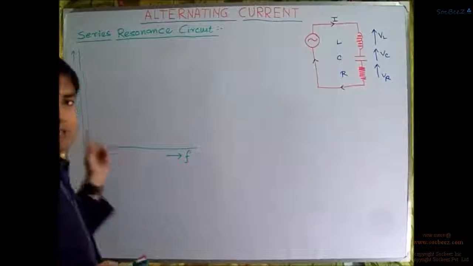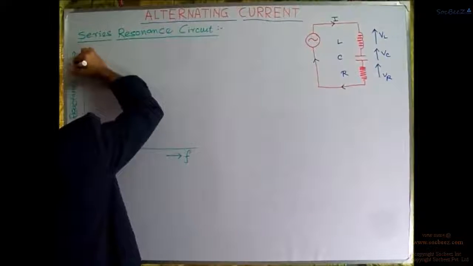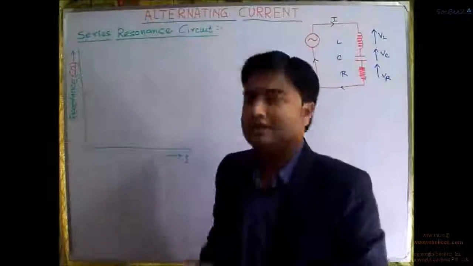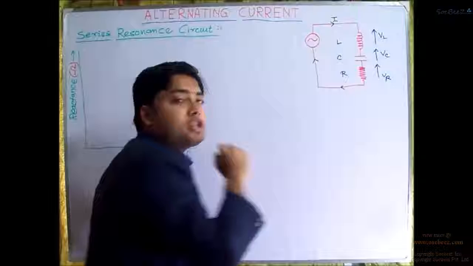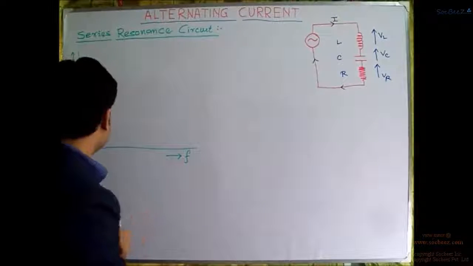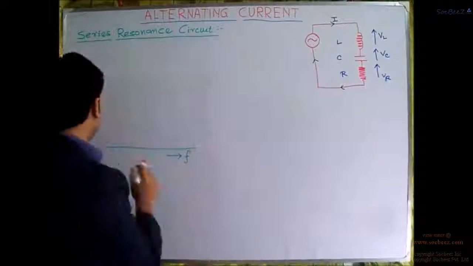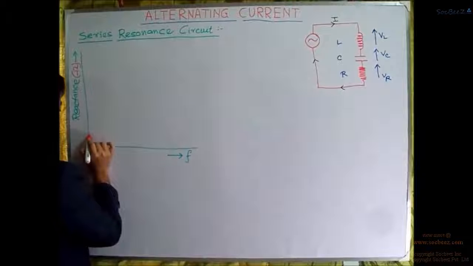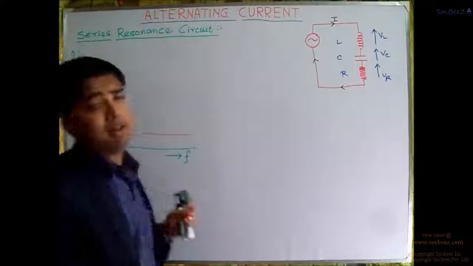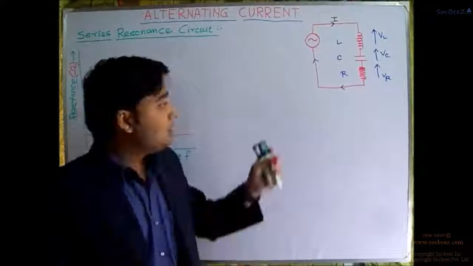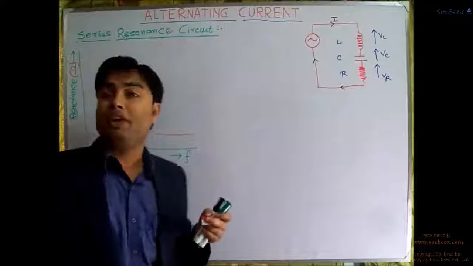If this reactance is measured in ohms, first of all there will be a resistance R. Say we denote this R with red ink. As we have seen earlier, R does not change with the change of frequency.